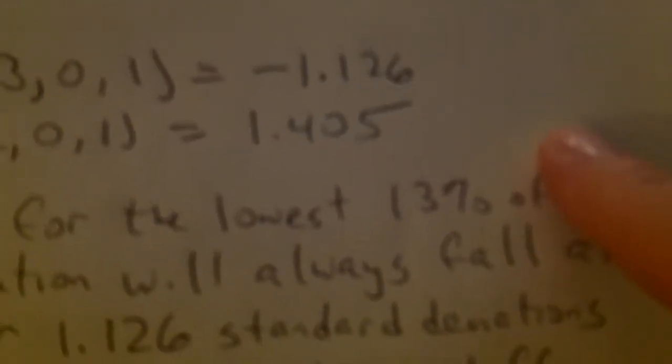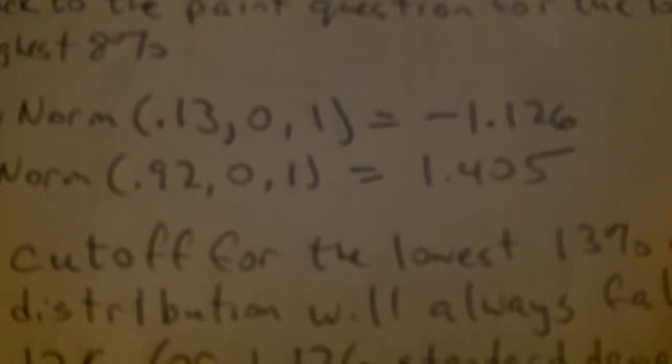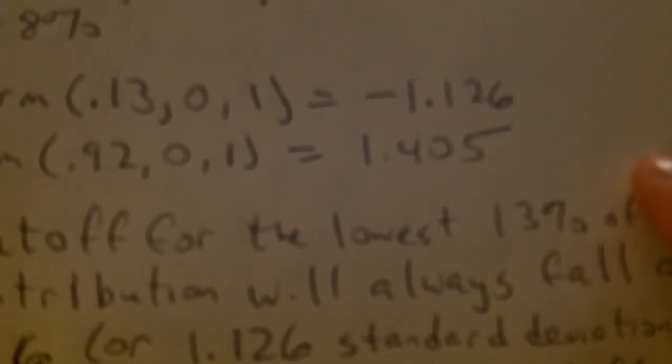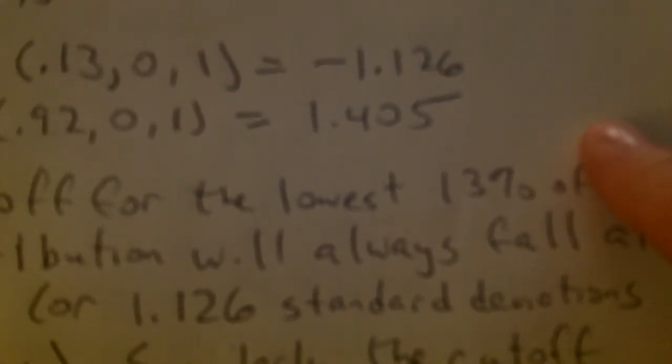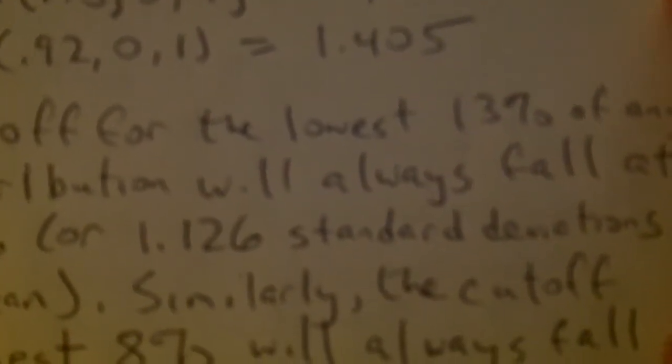So what we're getting with the inverse normal are z-scores. And what this tells us is that for any normal distribution, the cutoff for the lowest 13% will always occur at 1.126 standard deviations below the mean. The cutoff for the highest 8% will always occur at 1.405 standard deviations above the mean.